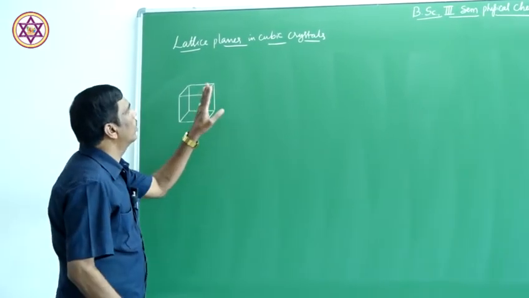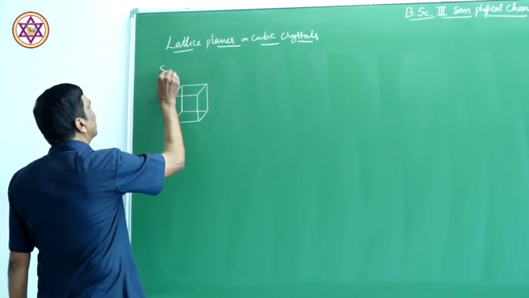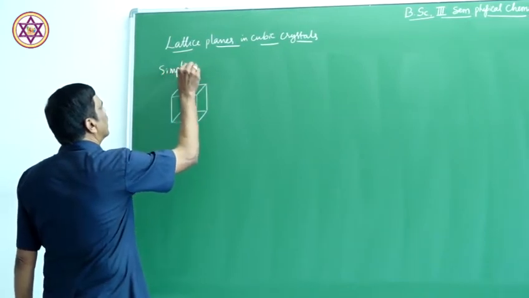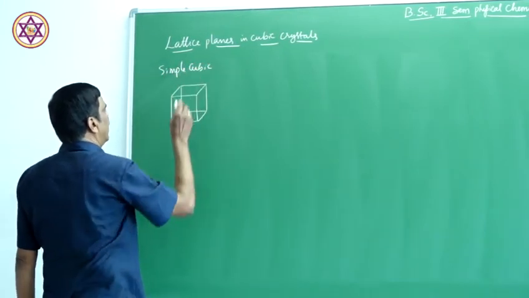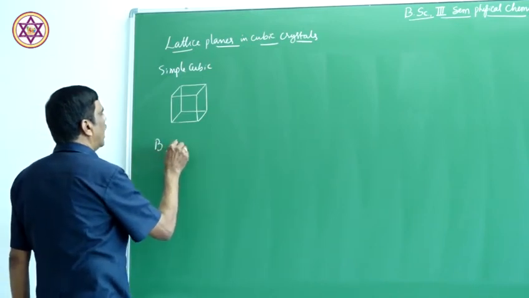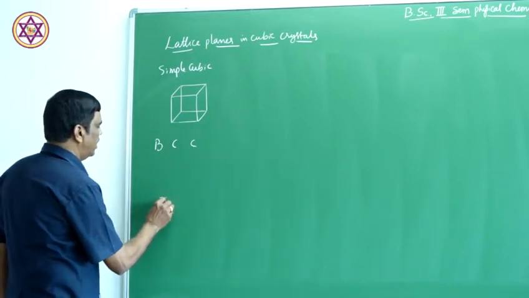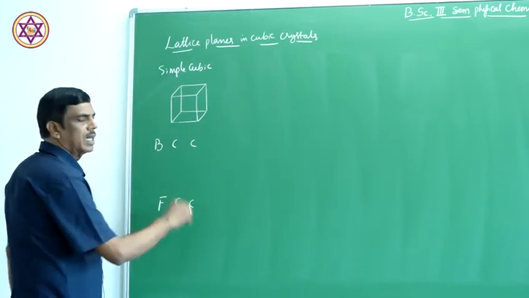In case of cubic crystals, there are three types. One is simple cubic lattice. Another one is body centered cubic lattice, BCC. Another one is face centered cubic lattice.